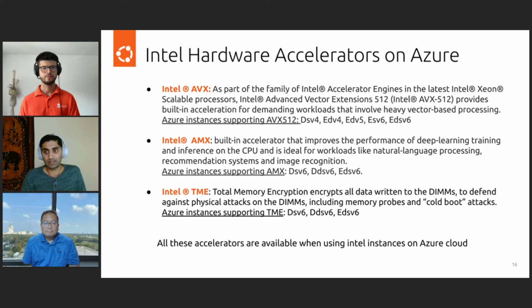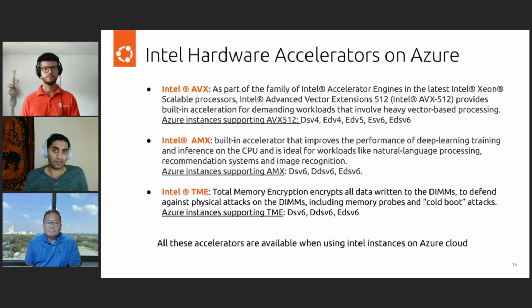Next, I will touch upon AMX, which is another accelerator. This is available with the 6 family, the DSV6 and the EDSV6 on Azure. This accelerator is very relevant for machine learning and AI scenarios that require deep learning training and that perform inference on the CPU. So this solution positions Intel in the inference space, where a lot of the work is very compute intensive as well.